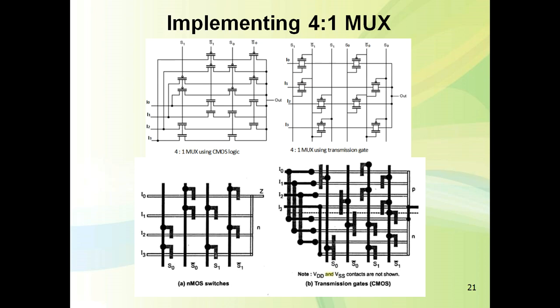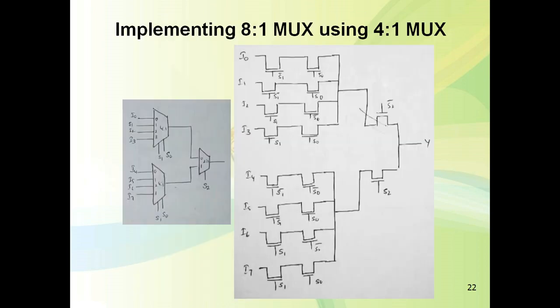Now we will go for the next configuration, that is the 8:1 mux using 4:1 mux. You already know that for an 8:1 mux we require 3 select lines, and for a 4:1 mux we have 2 select lines.